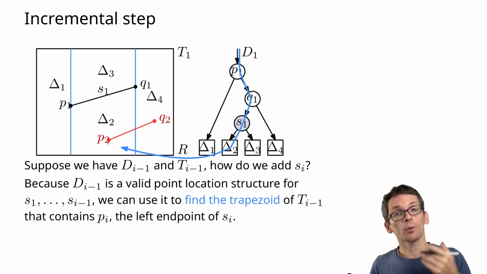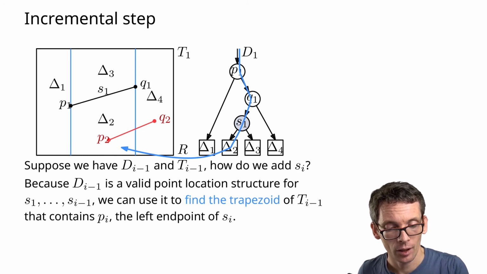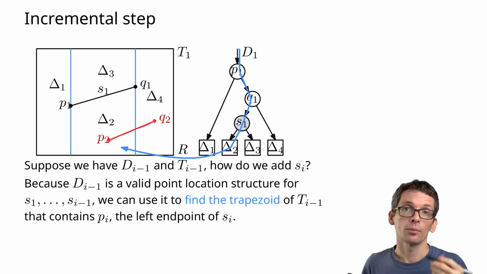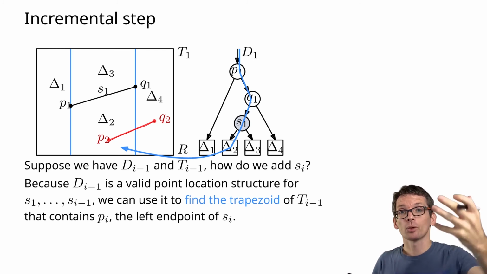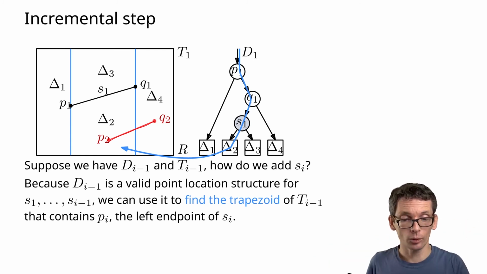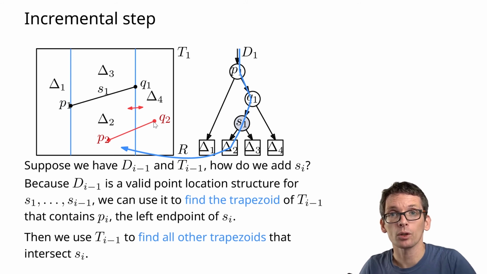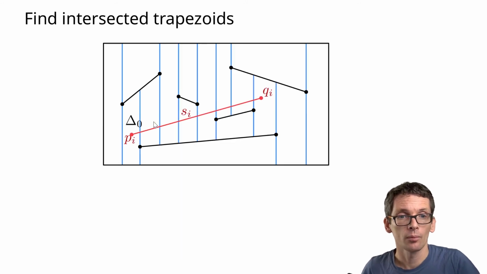From there, I want to find all trapezoids that are intersected by the segment, because those are the trapezoids that I will have to remove and replace by new trapezoids. So how do I find those? That is actually easy using the structure that we store with the vertical decomposition, because we store the neighbors for every trapezoid.